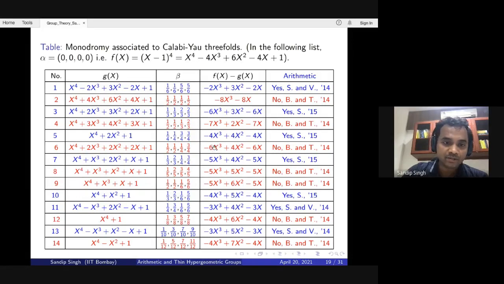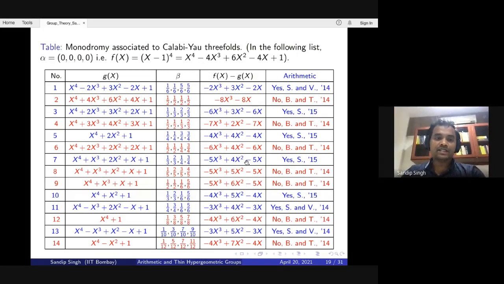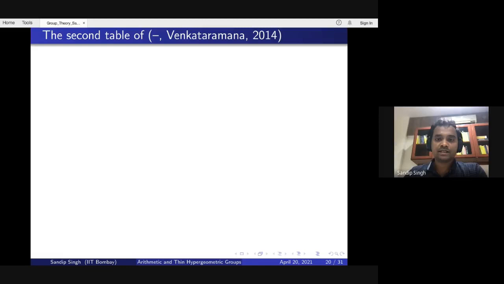So here the leading coefficient is -4. Not only that, the GCD of the leading coefficients is also 4. In some sense that is a very big number. But still the associated hypergeometric group is arithmetic. So these are the 7 arithmetic and 7 thin groups.